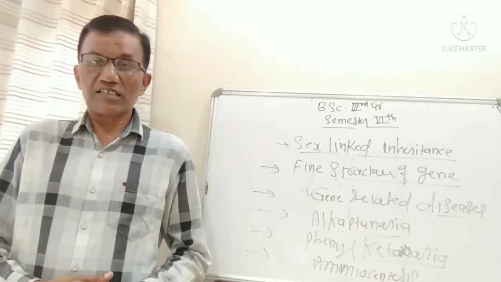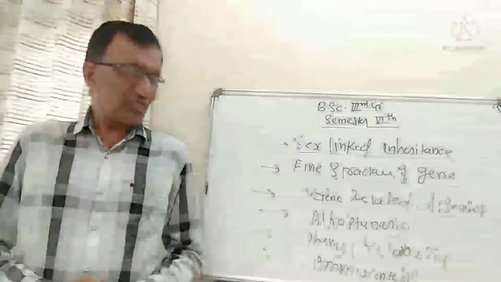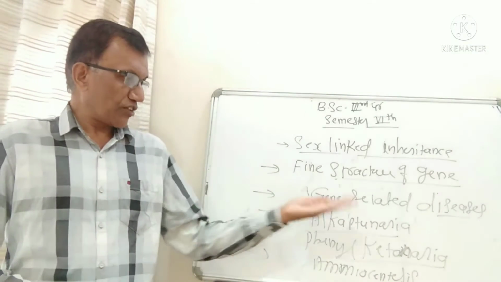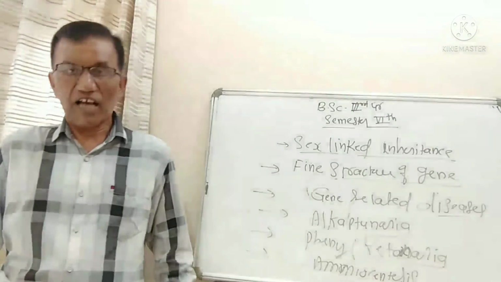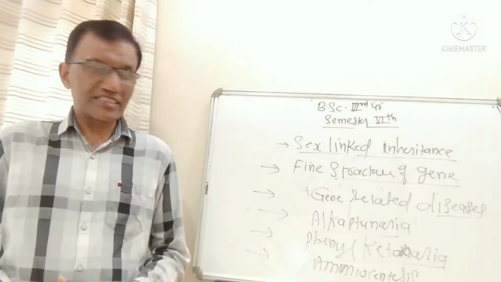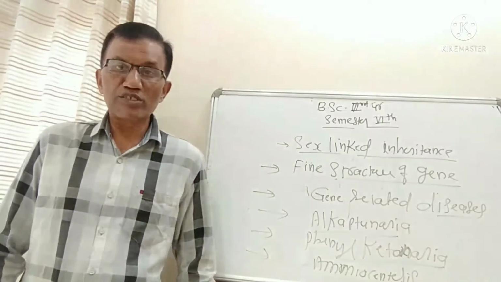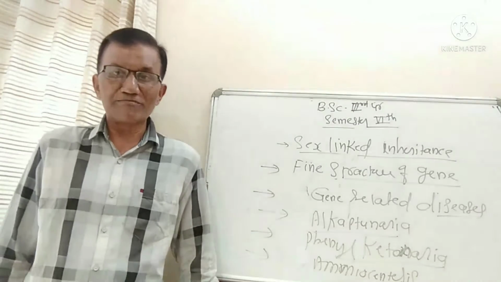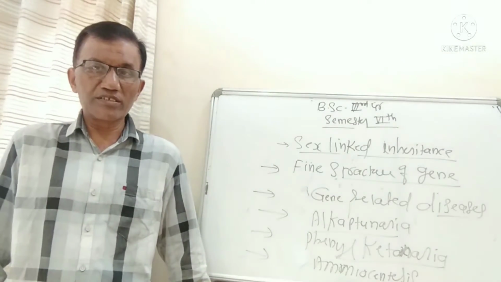Here, in alkaptonuria and phenylketonuria, there is a storage of a specific acidic compound, which is released through the urine.